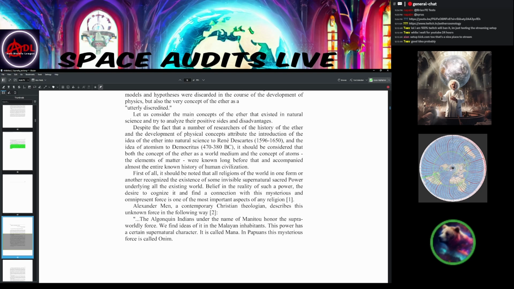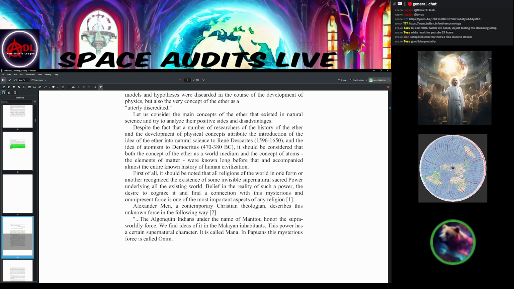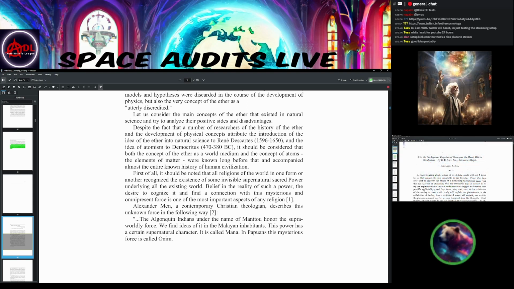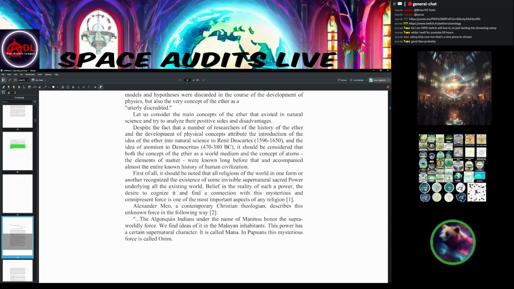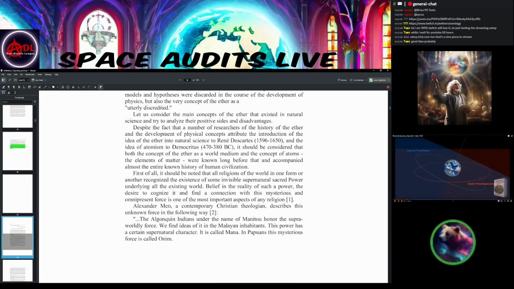First and foremost, it should be noted that all religions of the world, in one form or another, recognize the existence of some invisible supernatural sacred power underlying the whole existing world. The belief in the reality of such a power and the desire to cognize it and find a connection with this mysterious and omnipresent force is one of the most important aspects of any religion.